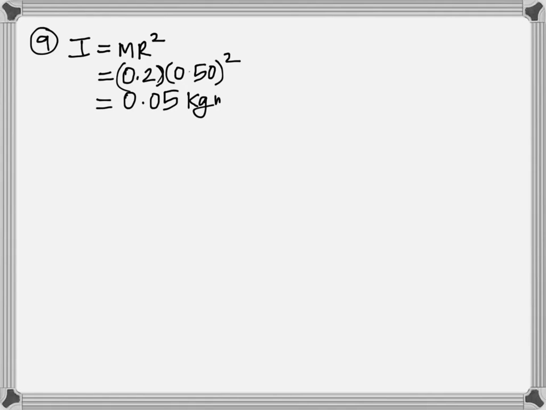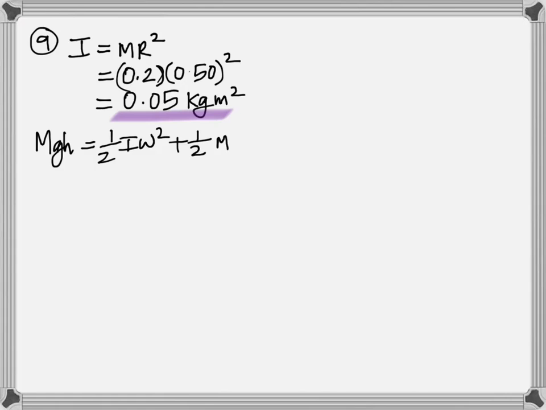Okay, number 9. It's a hoop. So the moment of inertia is mr squared. You can find that. So 0.05 kilogram meter squared. Once again, potential energy at the top is equal to total kinetic energy at the bottom, isn't it? That thing didn't change. It's the same thing.